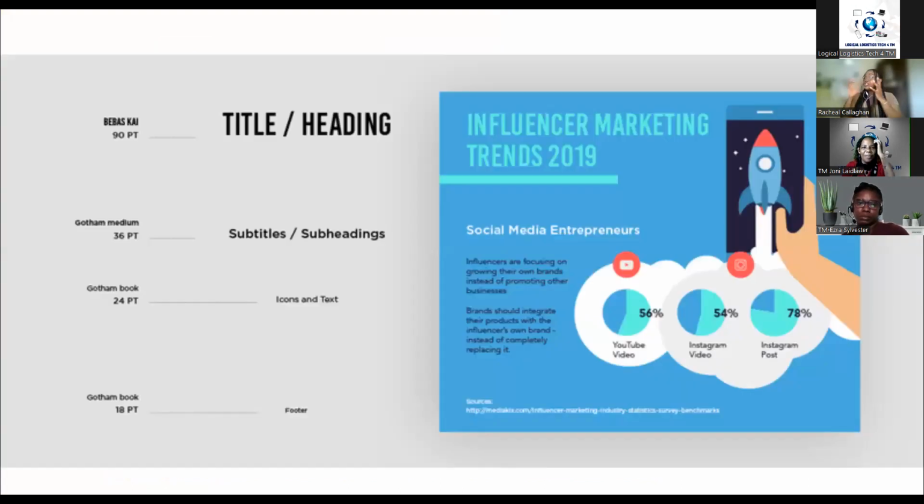In agency, you hear about your headings, your subheadings, your icons and text, your footers, right? These different terminologies simply speak to the different sizes and the different utilizations of copy.